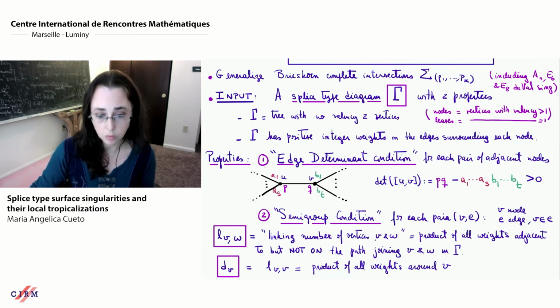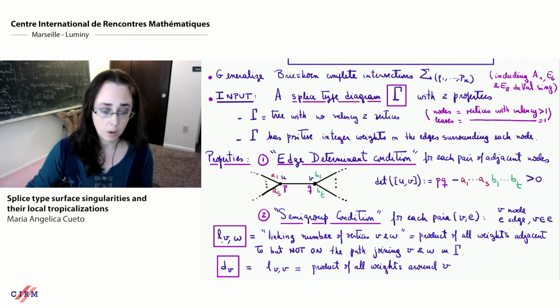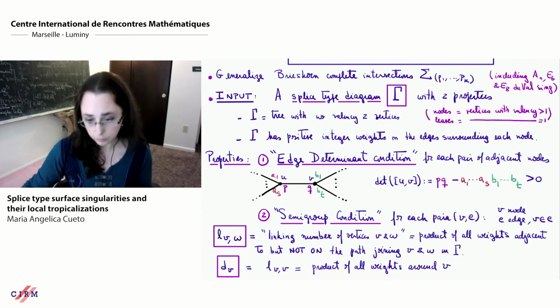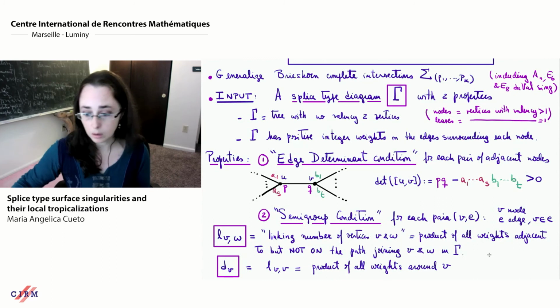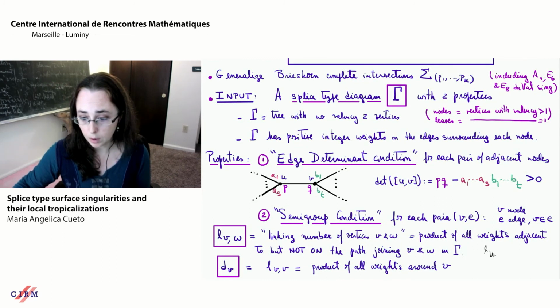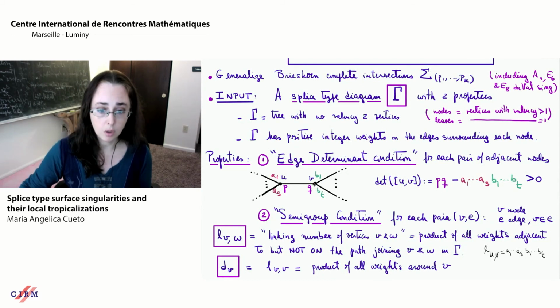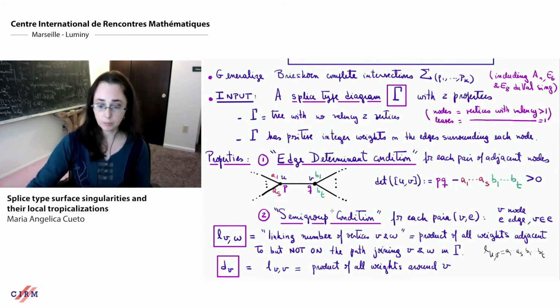If you give me two vertices, V and W, I define the linking number between them as the product of all weights adjacent to, but not on, the path joining V and W. In the example here, the linking number of U and V is the product of the A's times the product of the B's. There's a unique path joining U and V, and I have to ignore the two weights on the path from U to V.